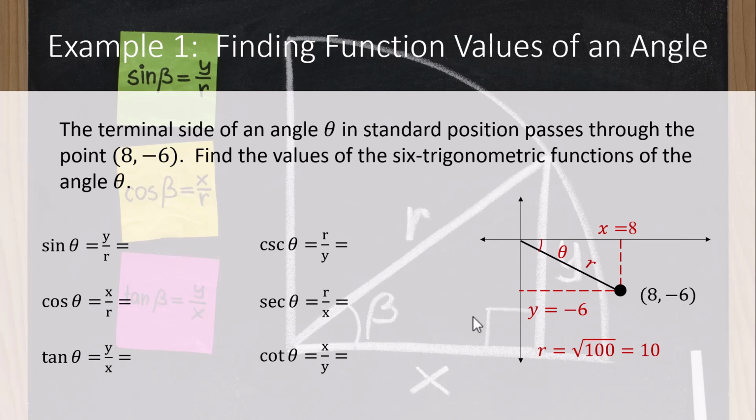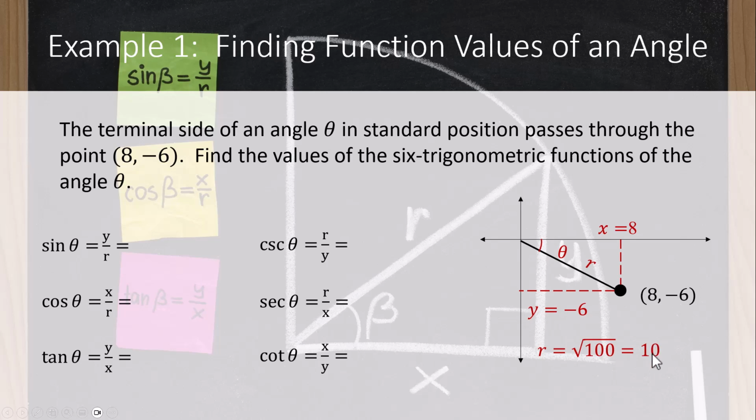Now here, we have an angle, and we know one point on this angle is going to be the point (8, -6). So this happens to be in quadrant 4. Okay. It turns out that if this is (8, -6), this distance here is going to be the square root of 8 squared plus (-6) squared, which is the square root of 100, which is 10.